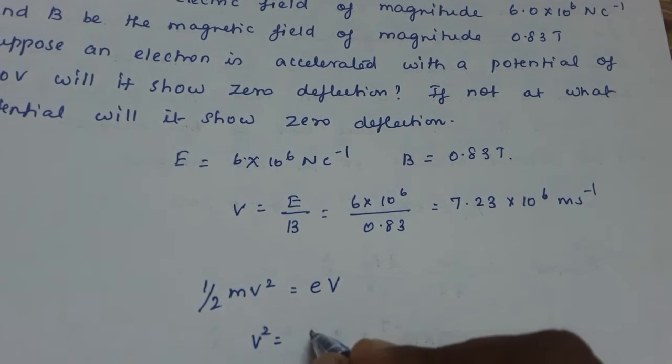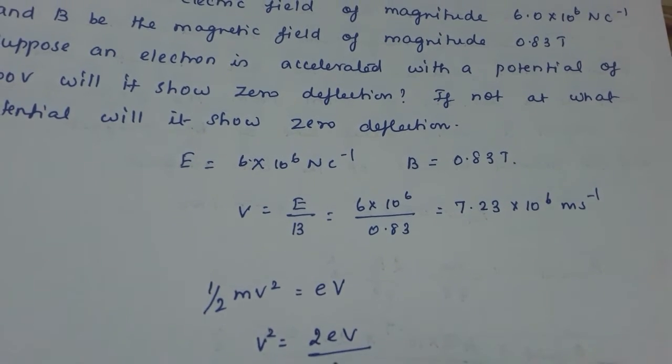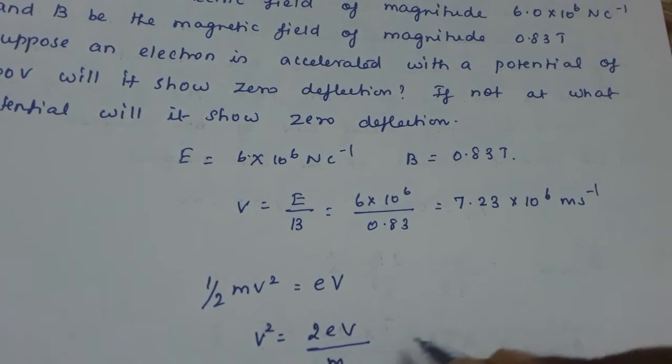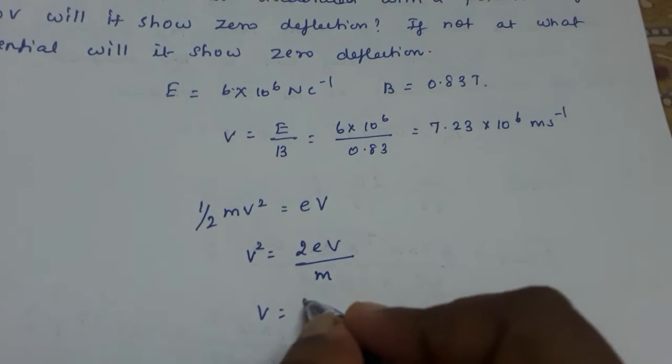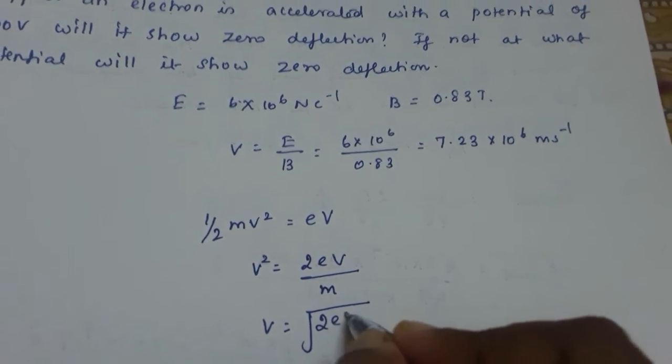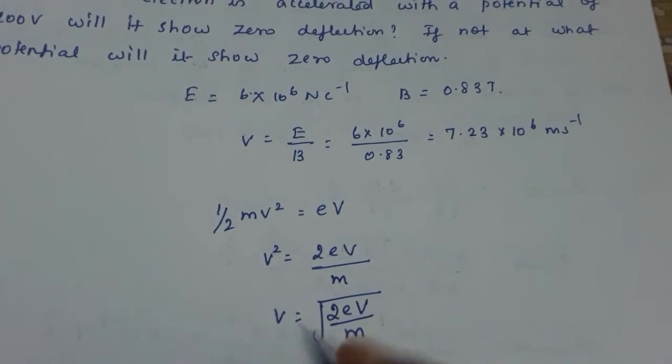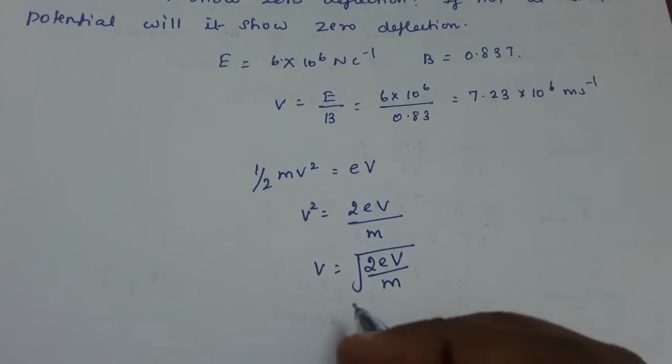So, v square is equal to 2eV by m. So, we can write v is equal to root of 2eV by m. What is the velocity at 200 volt?